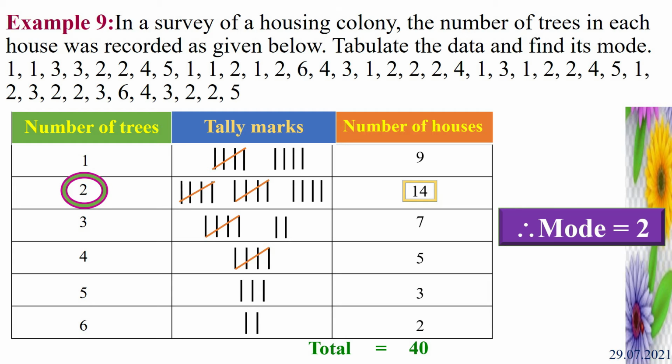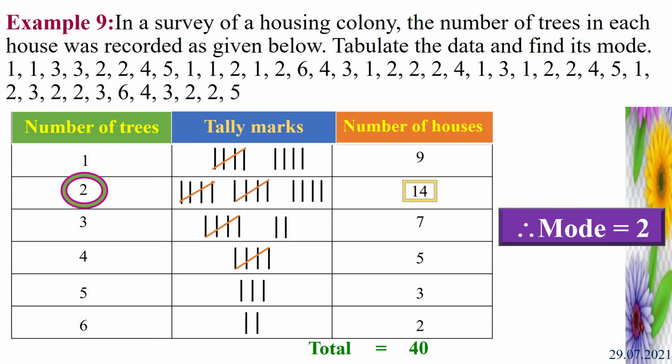Now how many houses have 5 trees? 1, 2, 3. Only 3 houses. So here we have drawn 1, 2, 3 lines. Next number is 3. And finally, the number of houses having 6 trees. Let us count: 1, 2. Only 2 houses, so 2 lines are drawn.